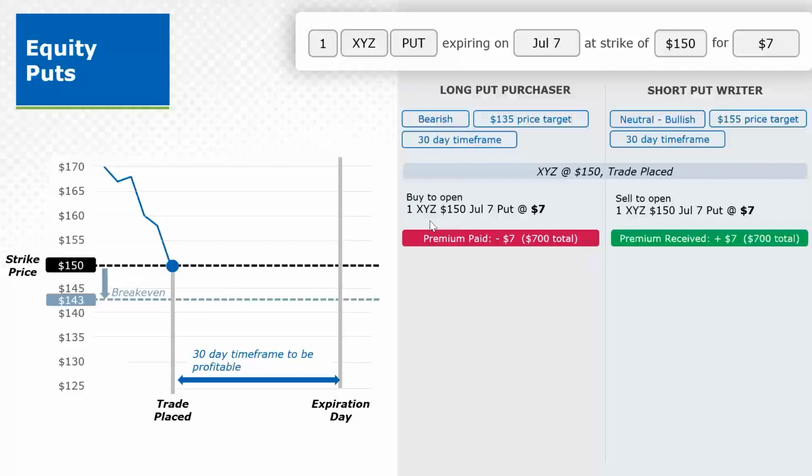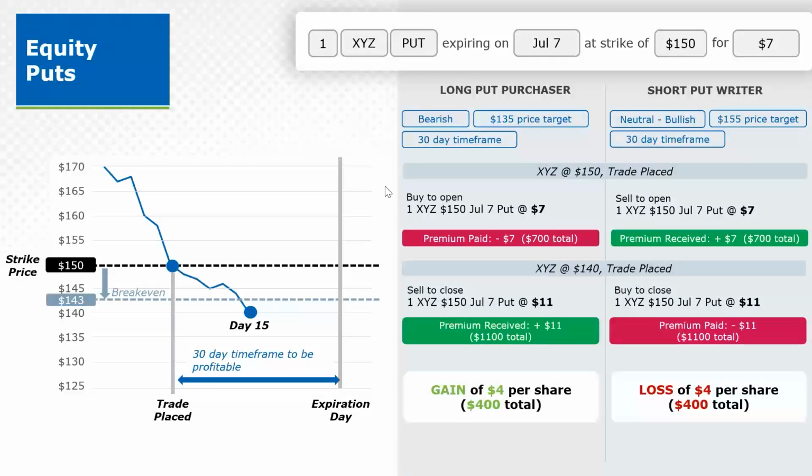So he buys a put option, 150 strike, July 7th, and pays $7 in premium. The short put writer has a more neutral to bullish view. He thinks the price will be above 150 or even near 155, and therefore sells a put option and receives $7 in premium, or $700 in total.